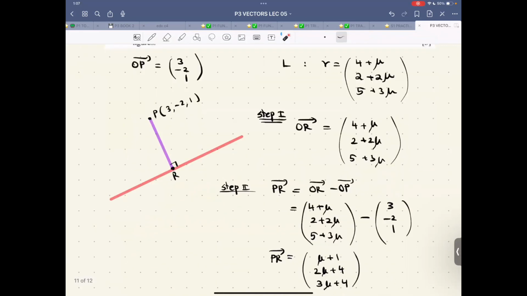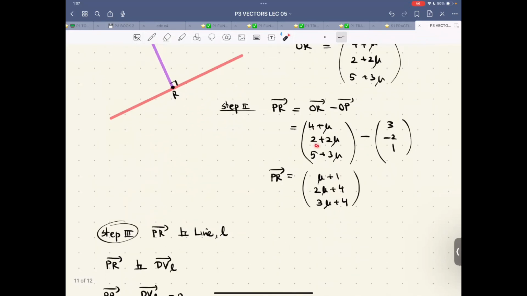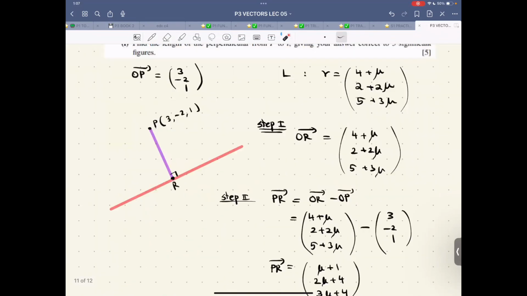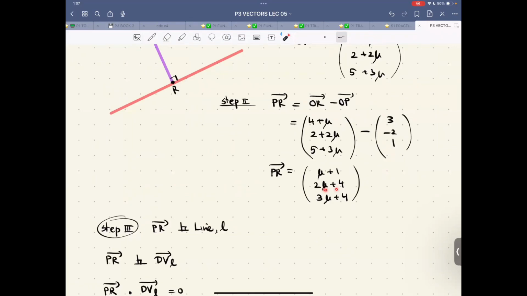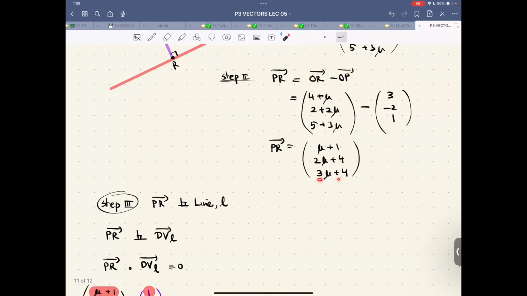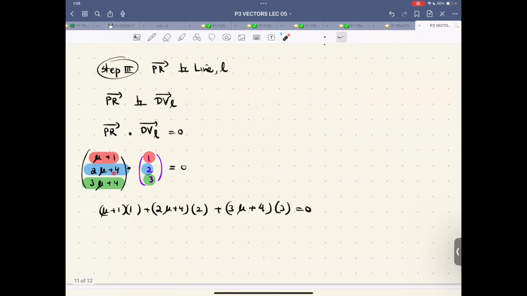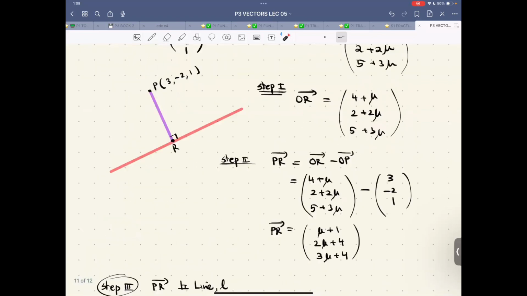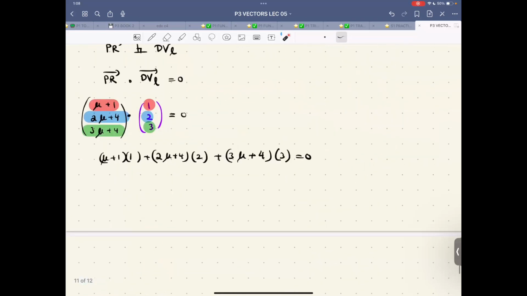Then what I did is that 4 plus mu minus 3, that is 1 plus mu or mu plus 1. 2 plus 2 mu minus minus 2, that is 2 mu plus 4. 5 plus 3 mu minus 1, 5 minus 1 is 4, 3 mu plus 4. That's good. 1, 2, 3 is over here. All good. Equal to 0.